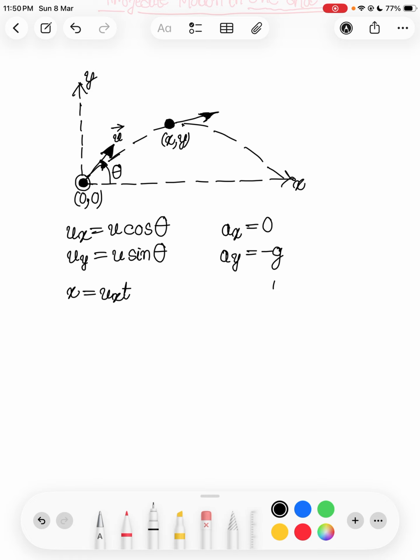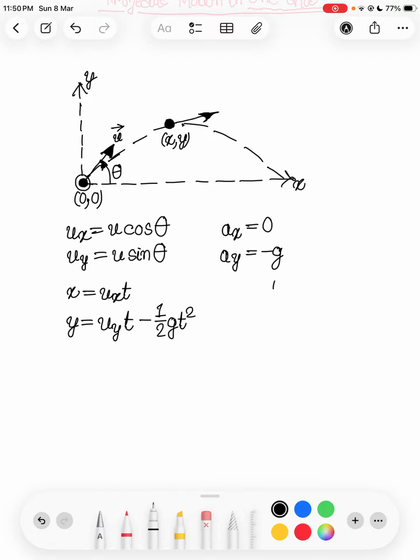We can also write the same thing for the y part: y is equal to uy into t, and here we actually have an acceleration which is downward. So you can think of it as s equals ut plus half at squared. Here a is basically minus g, so that is nothing but uy t minus half g t squared.